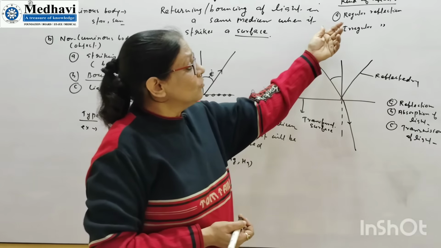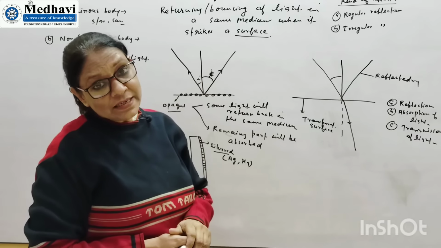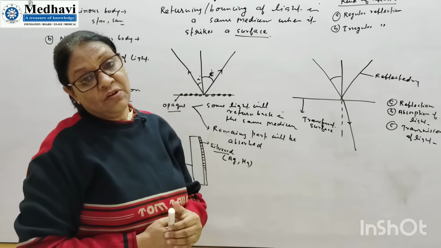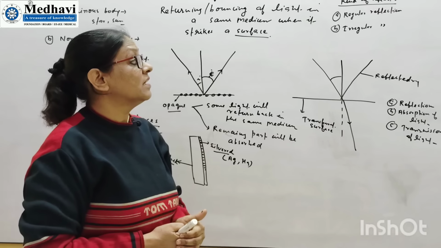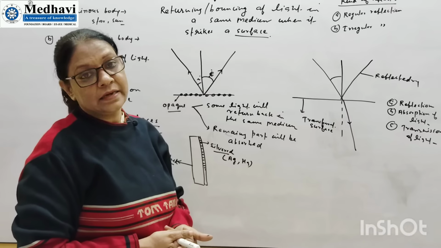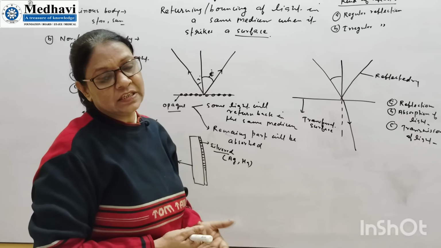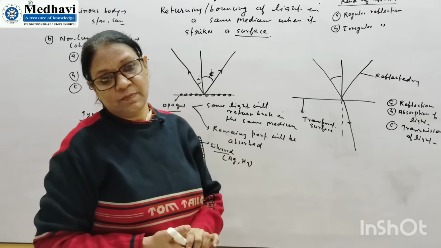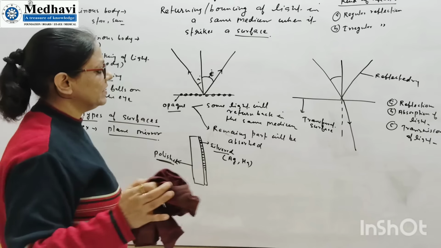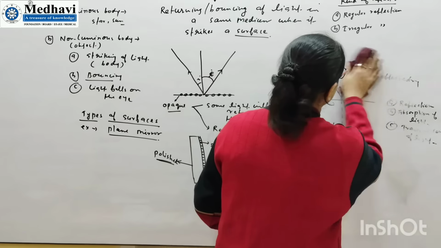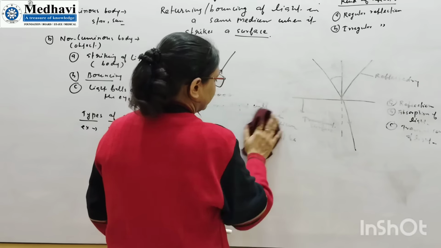If we have taken smooth, polished surfaces, then regular reflection takes place. Whereas if we take rough surfaces like a wall, like the earth crust, here irregular reflection takes place. So there are some differences that are used to distinguish regular and irregular reflection.